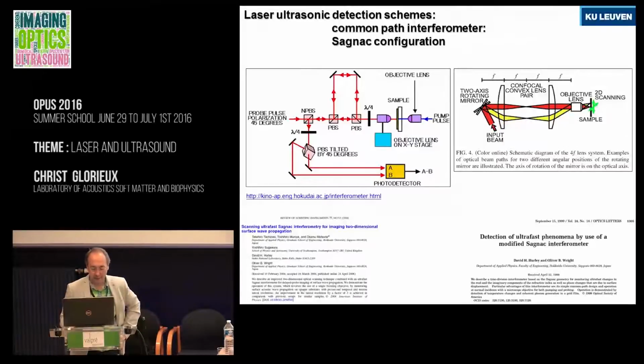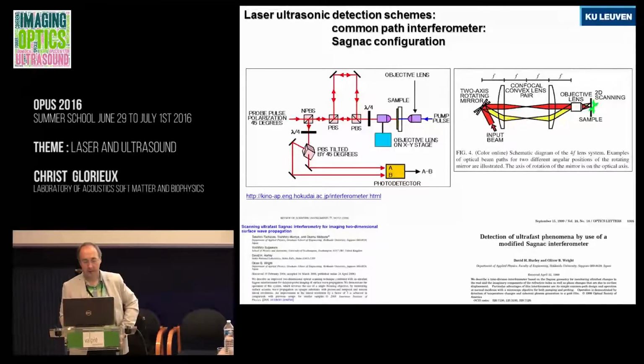So the Sagnac interferometer, it's an interferometer, so you are mixing two light beams. But in this case, the two light beams have seen the same position of the sample, but at a different time. So, how do you do that? The light beam is split in two, and one part is going to the sample along the shortest road, straight ahead.